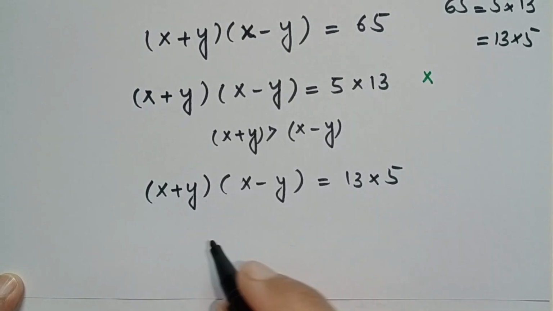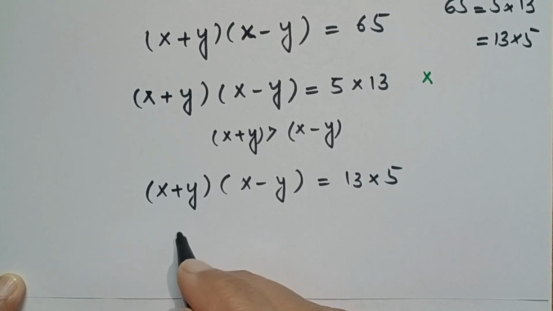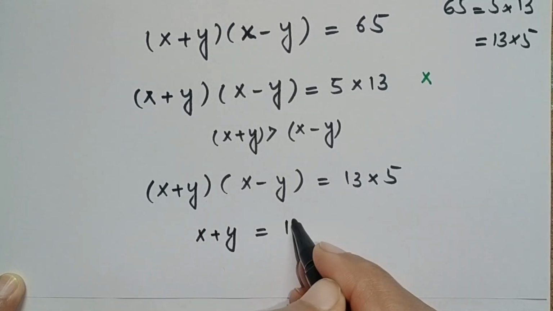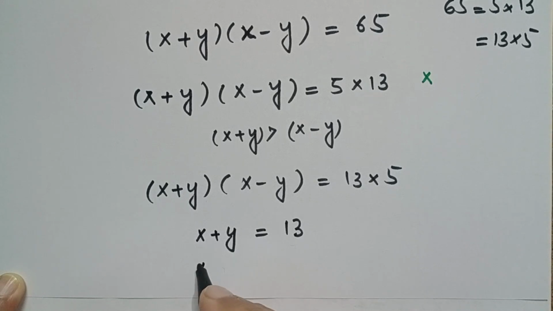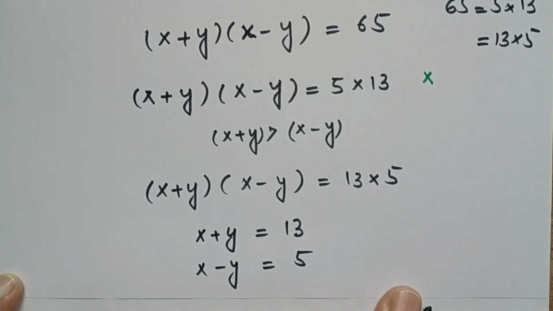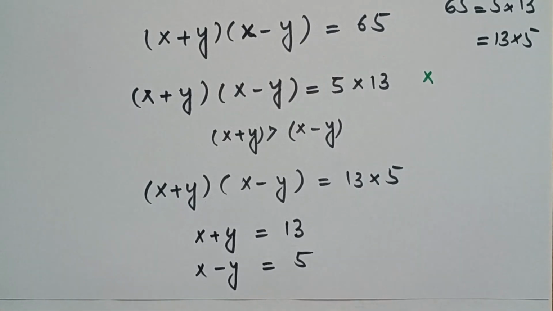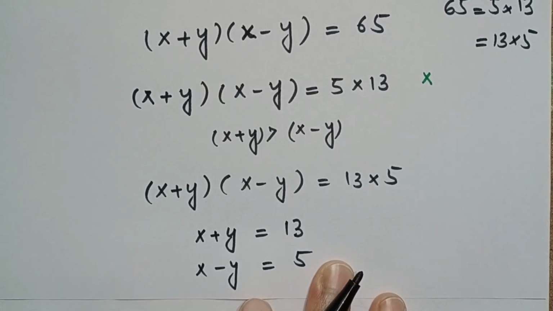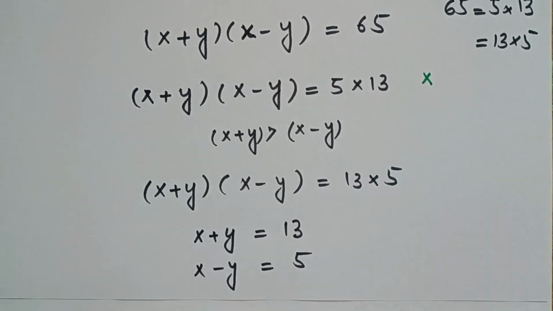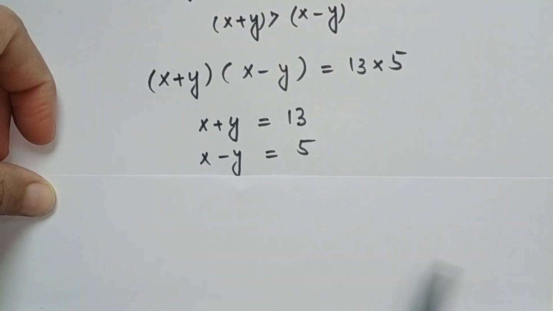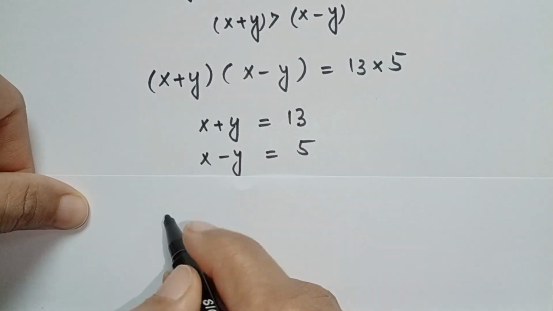So x plus y is equal to 13 and x minus y is equal to 5. So we have two equations here. In the next step, we will add these two equations. We will write these equations again. x plus y is equal to 13.